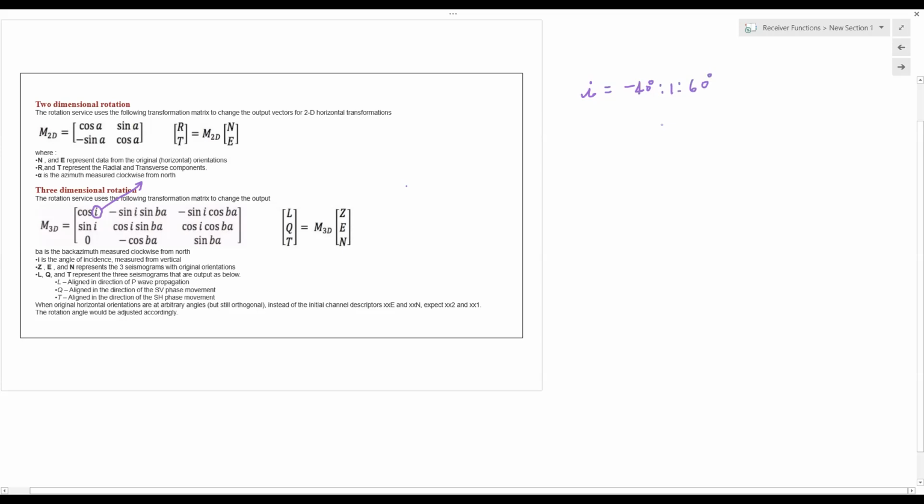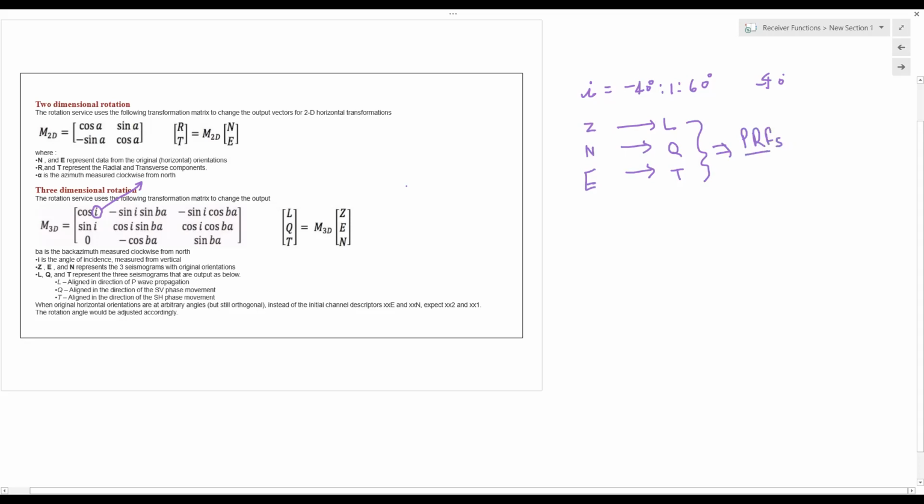And for each step, you will rotate your seismograms. Let's suppose you have vertical component, north-south component, and the east-west component. And using the first value of phi, let's suppose that is minus 40 degrees, you have rotated your component to L, Q, and T, and then using these, you have computed P receiver functions.